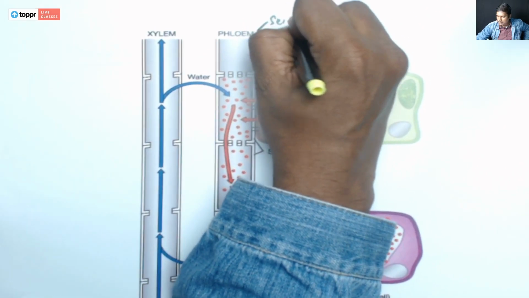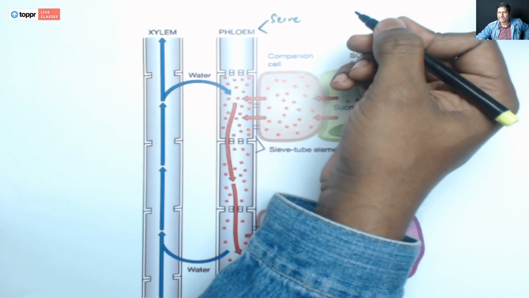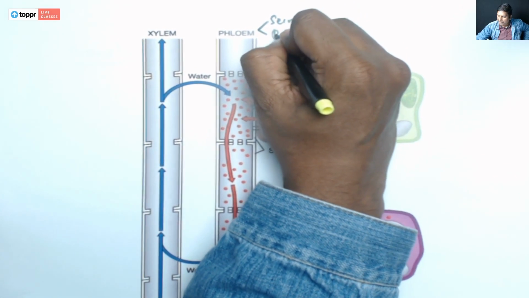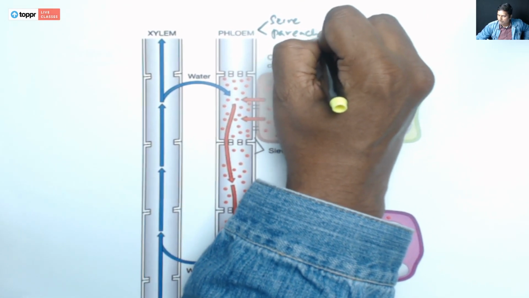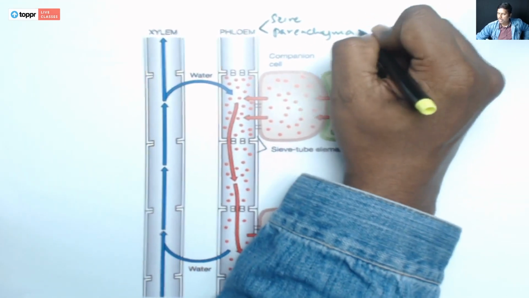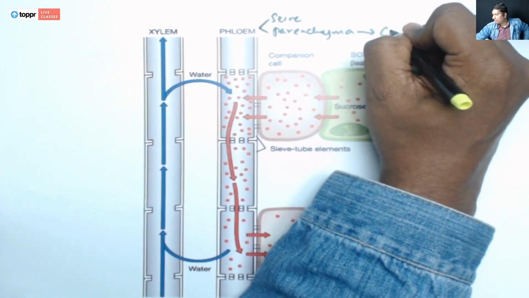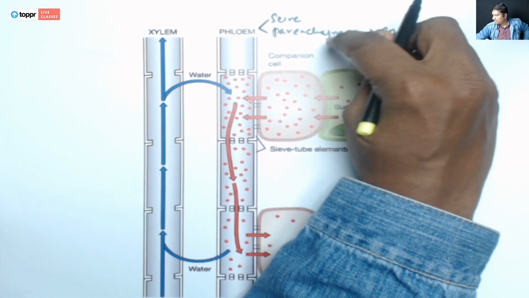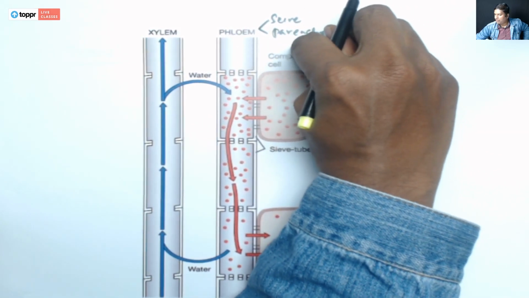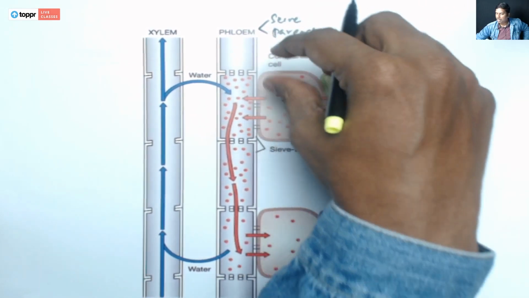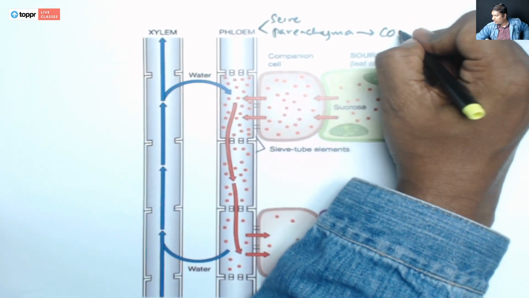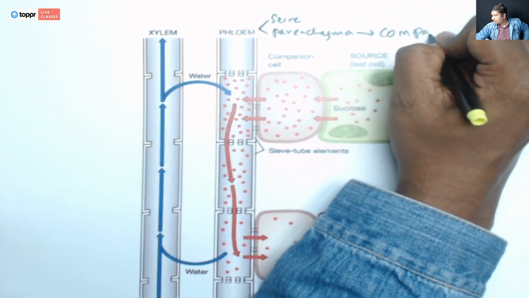One is sieve elements or sieve tube cells, and the other one is parenchyma tissue. In some regions you will see the parenchyma tissue closely associated with the phloem, and this is what we call the companion cells.